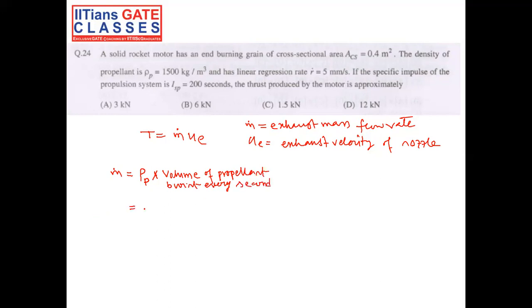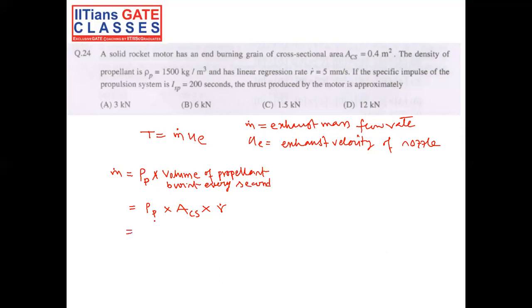So this rho p and volume is nothing but the cross-sectional area of the propellant multiplied by the rate at which the propellant is being burnt.